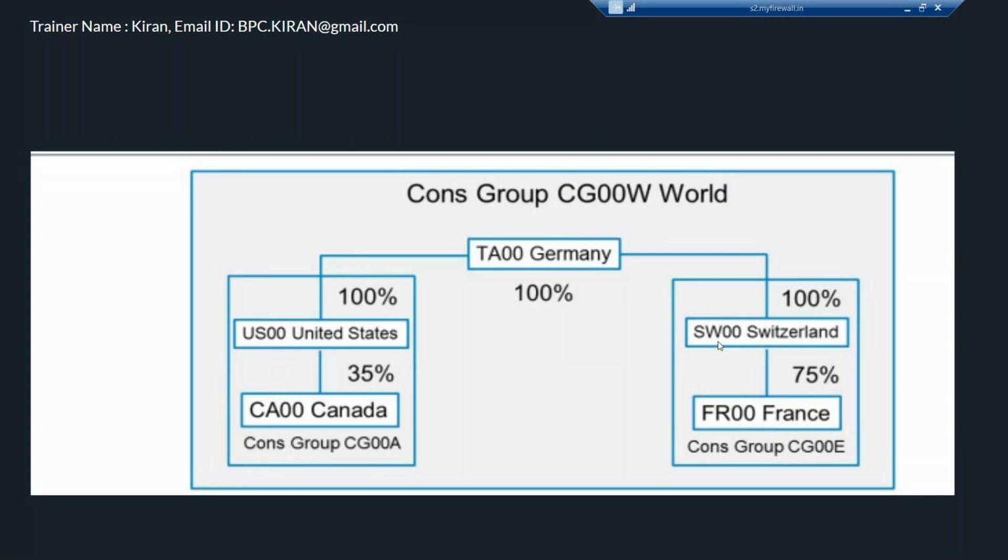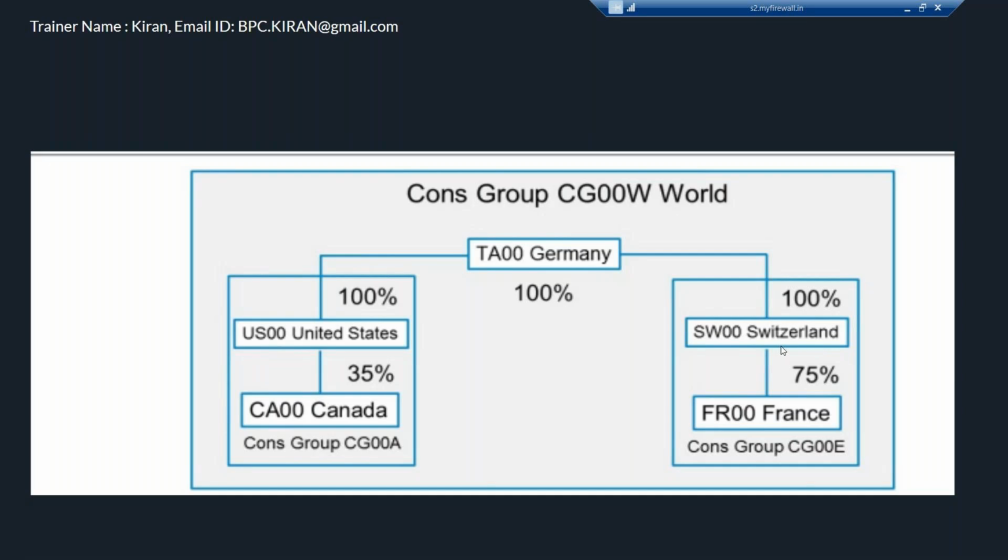France has its own local accountant. And if you see Europe group, with Switzerland and France, there will be one particular accountant. We call it the group accountant. He is responsible for the legal consolidation of Switzerland financial statements and France financial statements. So two roles I said: local accountant and group accountant.